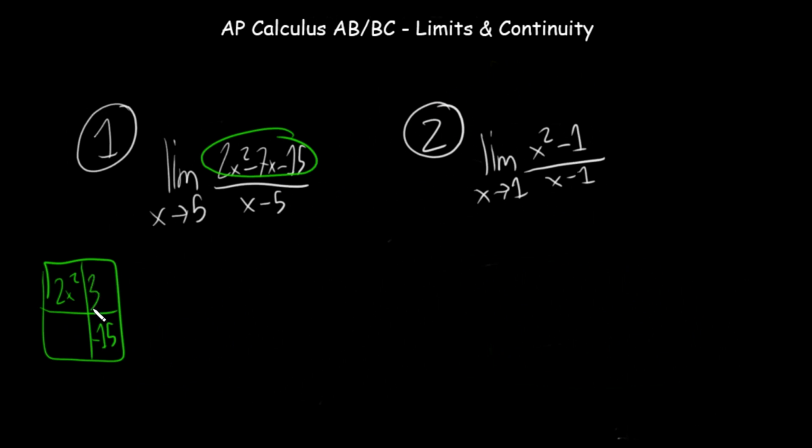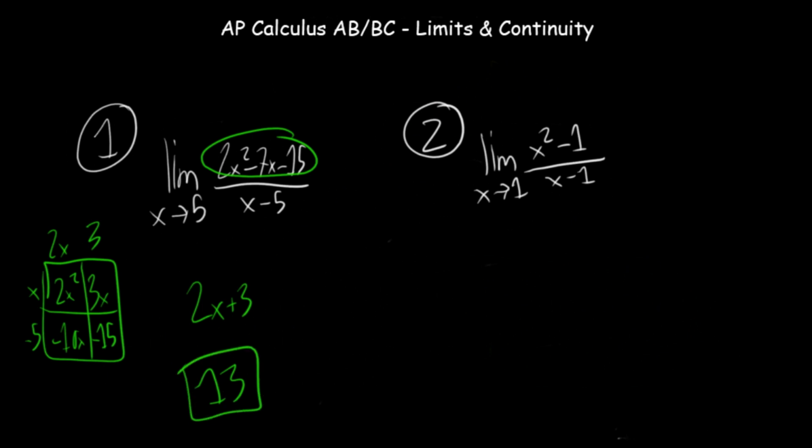Factor it out, you get 2x here, x here, 3, -5. The -5's cancel out, so you're just left with 2x plus 3. You just plug in 5. 2 times 5 is 10, plus 3 is 13. So you have 13 as your answer.